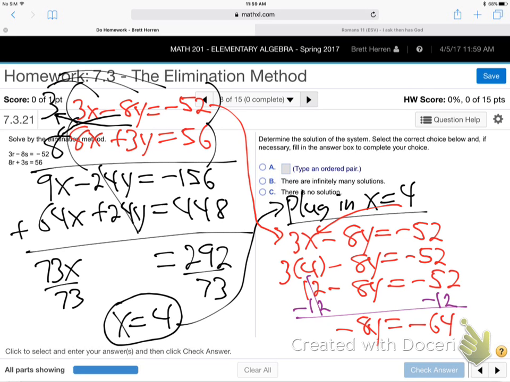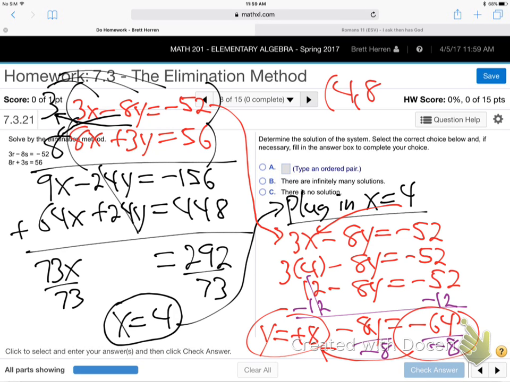Hey, that looks familiar. Divide by minus 8. And so that is positive 8. Positive 8. All right, so the answer then is x, y equals 4, 8. Good? This making some sense? This is not as brain scrambling as all the factoring and all the eliminating.